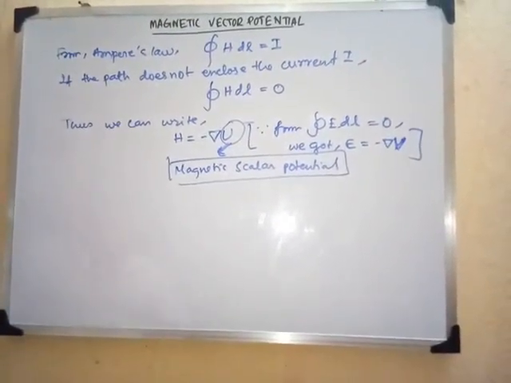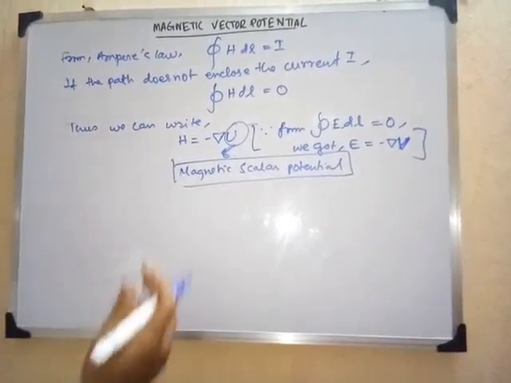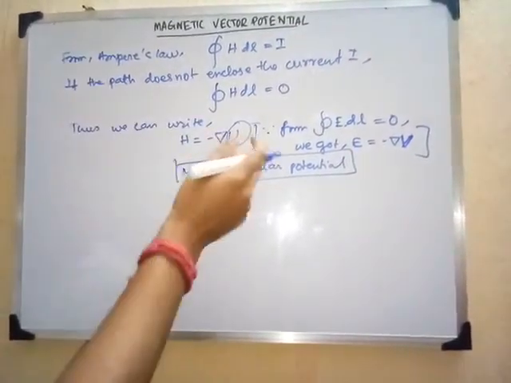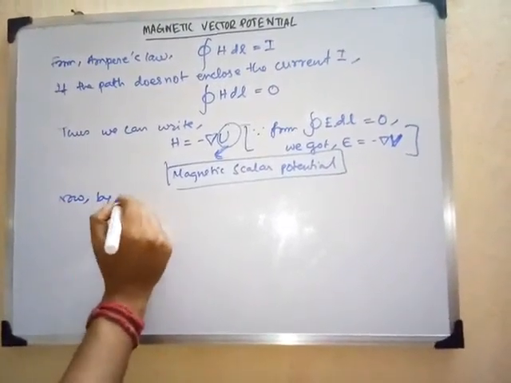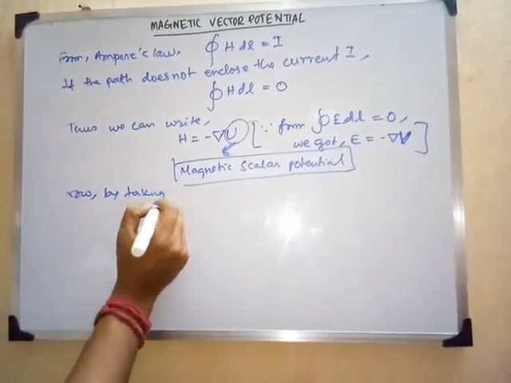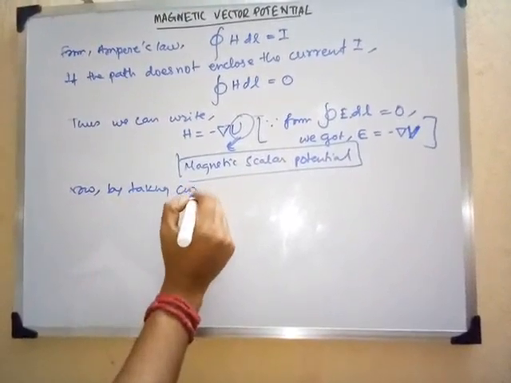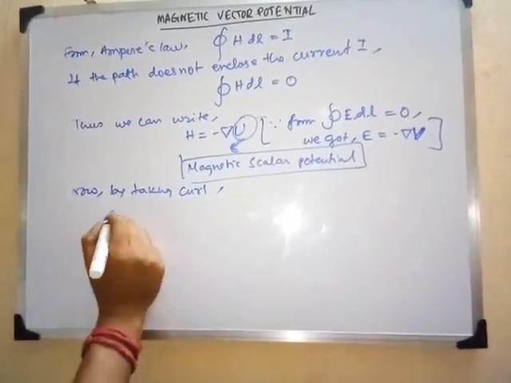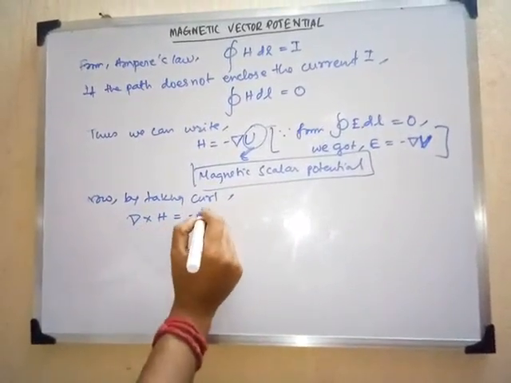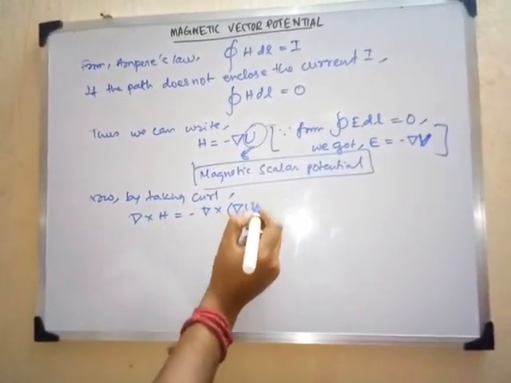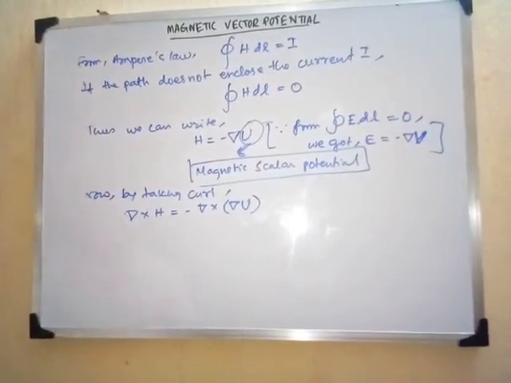So now we will see what magnetic vector potential is. Now simply we will take the curl of this equation. By considering the curl operator, we can write from here del cross H is equals to minus del cross del U. We have taken curl on both sides.